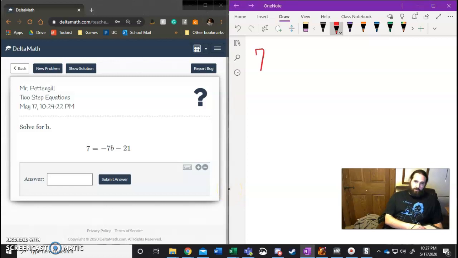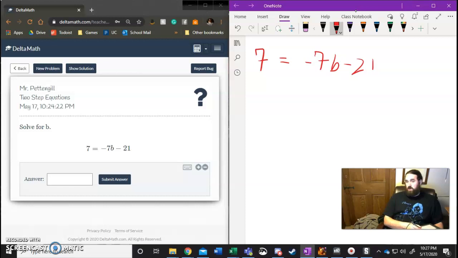And little notes, 7 minus 7b minus 21. We get rid of things by doing the opposite. We have to think about what math is happening there. We also want to pay attention to, it doesn't matter what side the variable's on. It doesn't. Some math teachers prefer it on one side or the other. I don't really care.